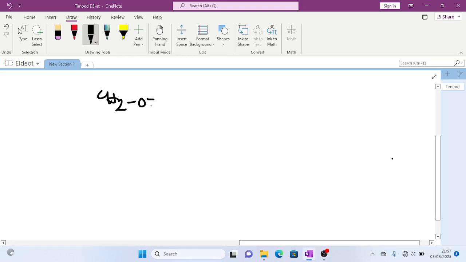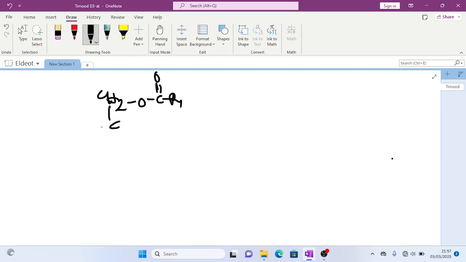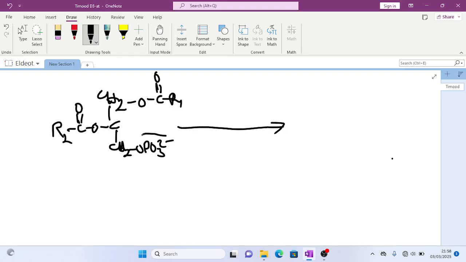Alright, so if we have this to be our phosphatidate, we want to get rid of this phosphate group here, and the enzyme that catalyzes this is a phosphatase.